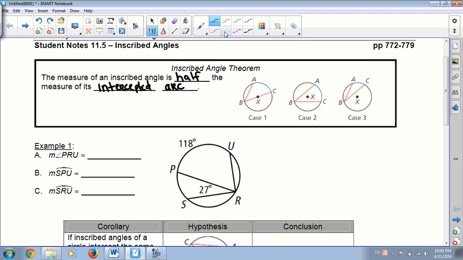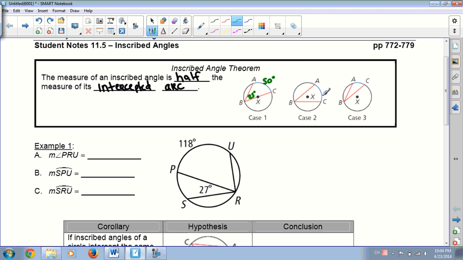Okay, so if you take a look at a couple of these pictures to the side, the measure of the inscribed angle, this angle right here, angle ABC, is half of whatever the arc is. Well, the intercepted arc is A to C. So if I told you that the intercepted arc was 50 degrees, now that it's an inscribed angle, not a central angle, it is half of whatever the arc is.